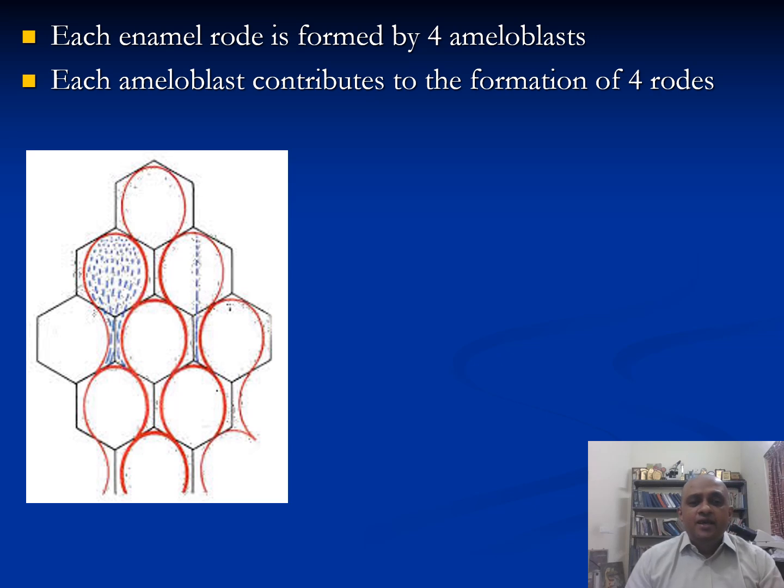That is, you can see that the head part is formed by the rod enamel of 1 ameloblast, and the tail part, the interrod enamel part of the keyhole shaped structure, is actually formed by the interrod enamel contribution from 3 other ameloblasts. So that is why we say that each enamel rod is formed by 4 ameloblasts, and each ameloblast contributes to the formation of 4 enamel rods.